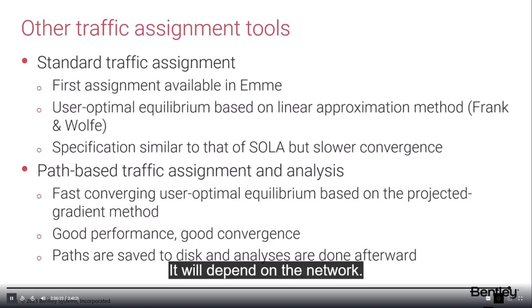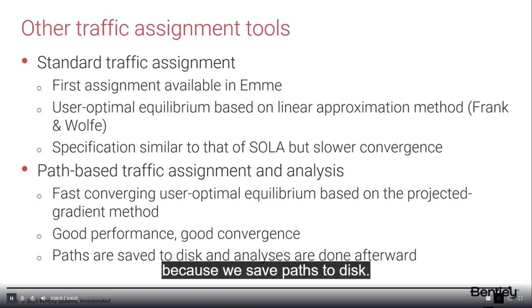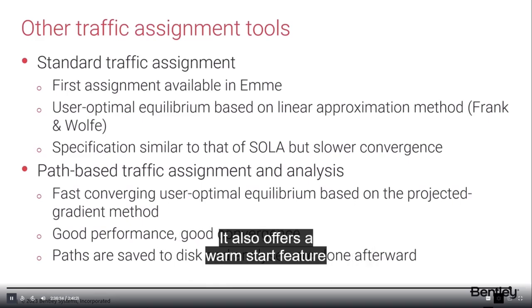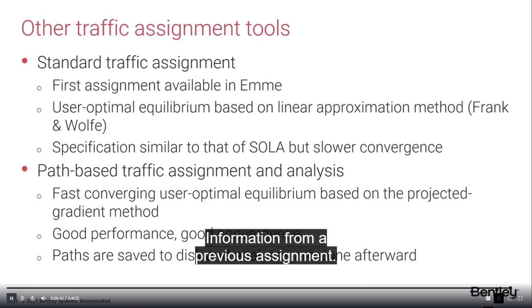It will depend on the network and on the convergence criteria. The paths are saved to disk and analyses are done afterward. Because we save paths to disk, it also offers a warm start feature, which can be used to speed up assignment by reusing class paths information from a previous assignment.